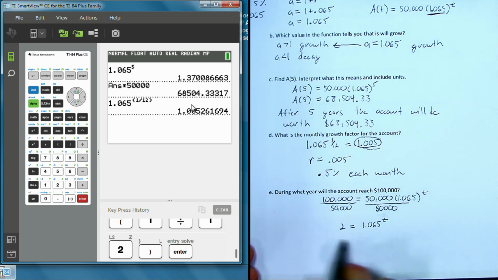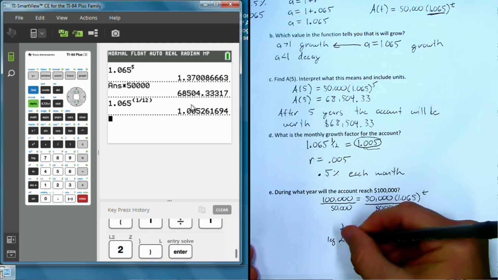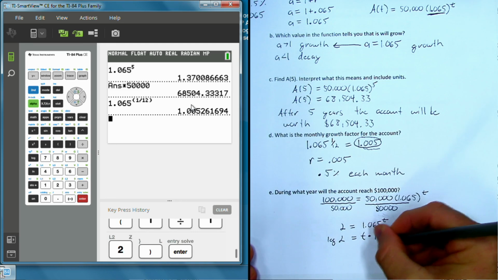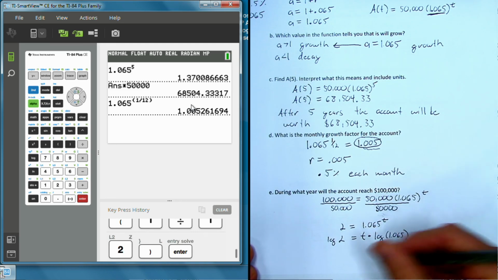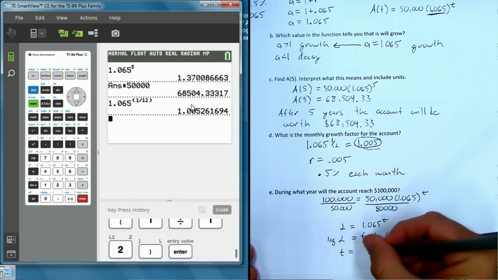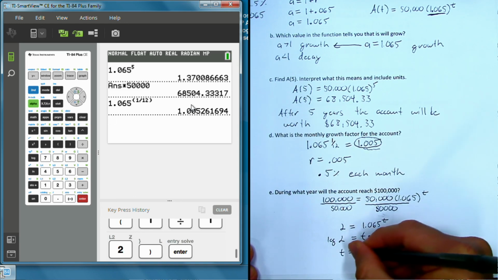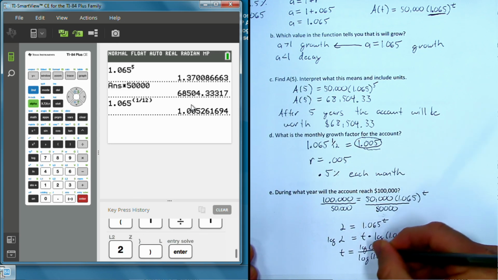Then we're going to use our log properties. So we know log of 2 then would equal t times log 1.065. So t equals log of 2 divided by log of 1.065.